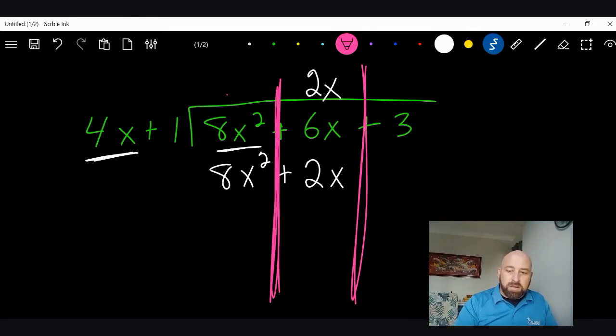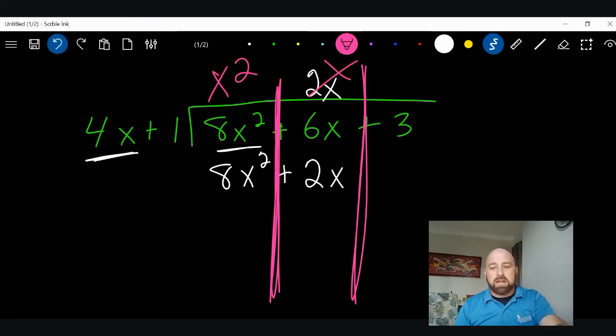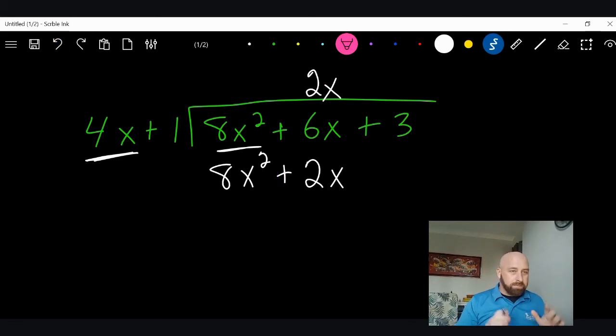So this is going to be the x squareds, this is going to be the x's, and this is going to be the constant term. And so we want to keep all those columns straight. Because this was just going to be an x, I put it above the x. I put it with the column it goes with. That is important. Very important, actually.